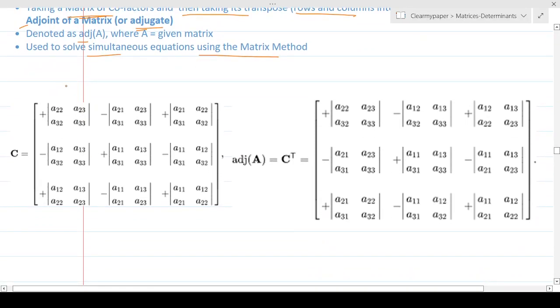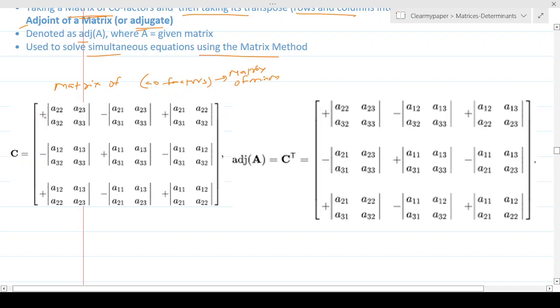So let's say we have a matrix of cofactors. And just to jog your memory, this matrix of cofactors itself has been found by assigning signs to the matrix of minors. So don't forget that, it's all nested within each other.